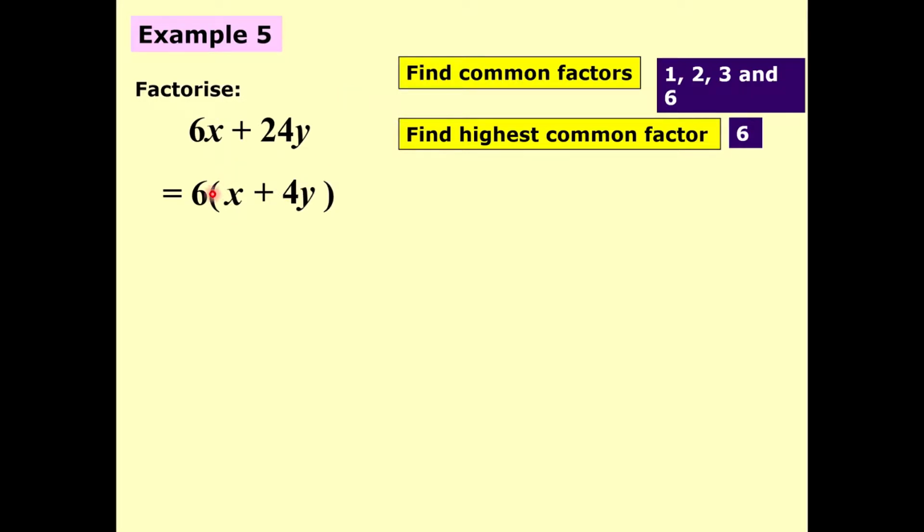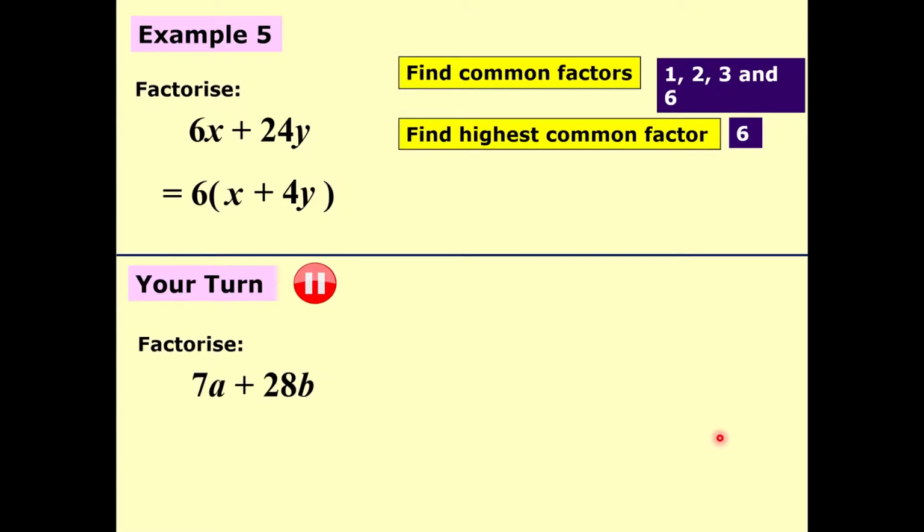So inside a bracket we could end up with 2 letters. That's absolutely fine as long as they're not the same letter, because that means we have fully simplified it now. And then you can use your skills of expanding brackets to double check. 6 times x, yep, and then 6 times 4y gives us 24y, which is correct. Okay, again, could you please pause the video here and give this one a go?